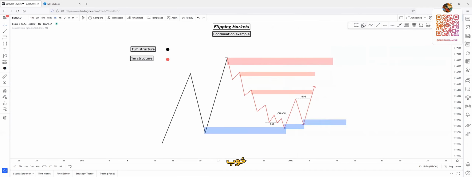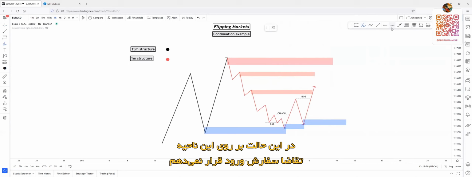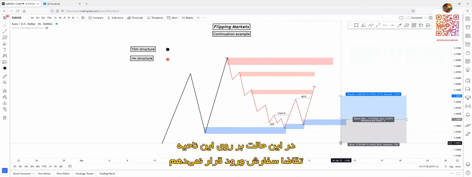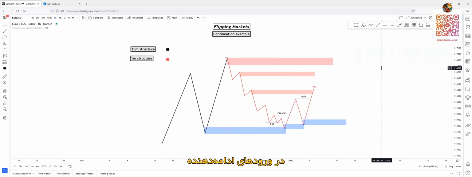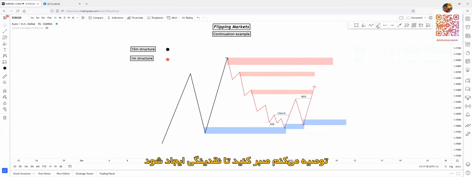Okay. In this case, I wouldn't set a limit order on this demand zone, because it could be risky. It could be part of the liquidity. In continuation entries, I recommend you wait for a liquidity creation.